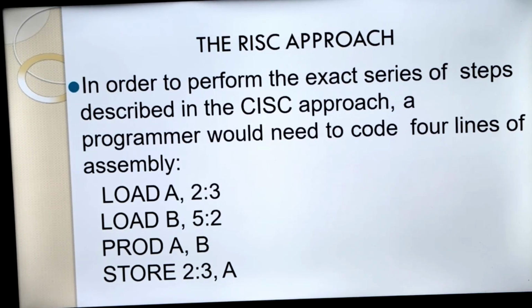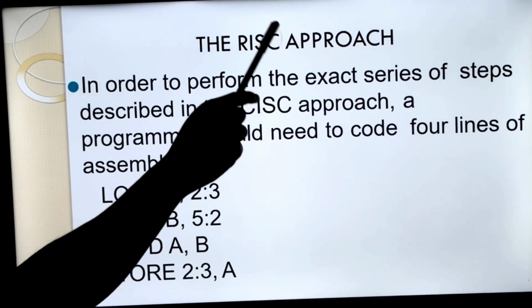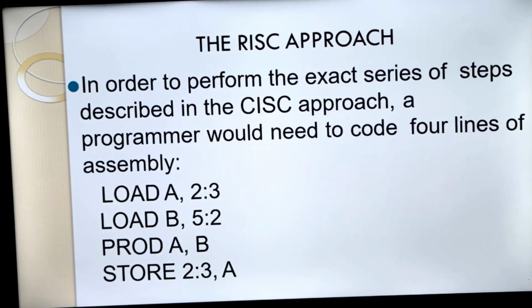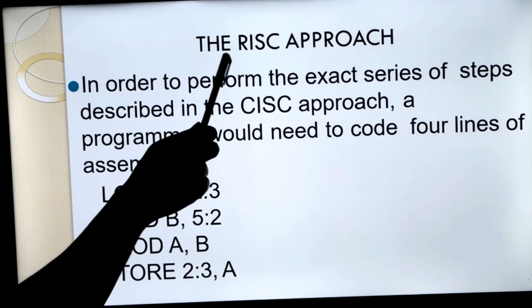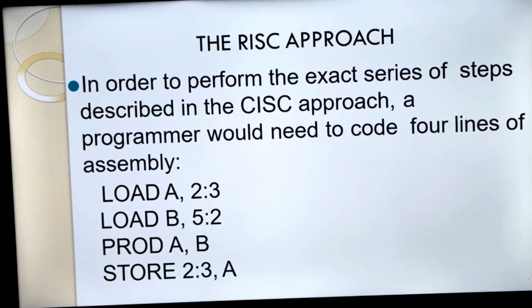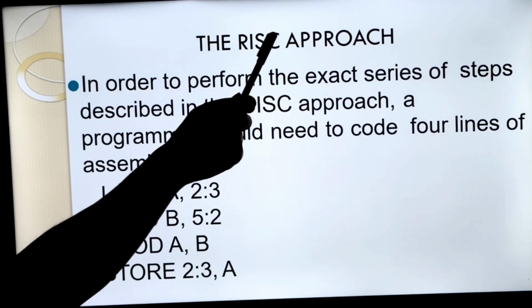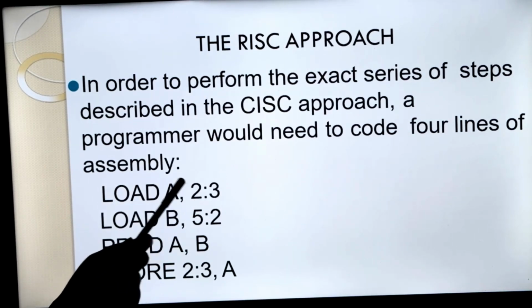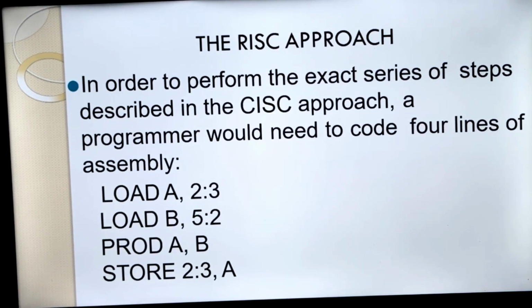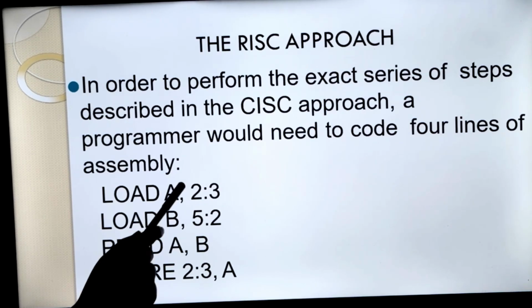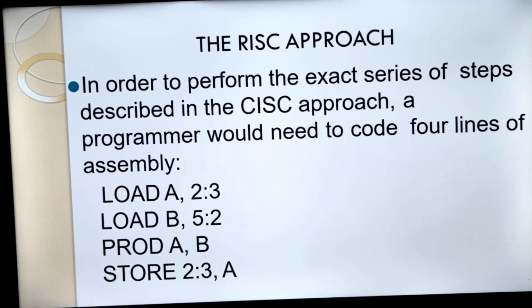No, this is just the opposite. In RISC I have more instructions than CISC. Just because reduced is there, don't think that I have fewer instructions. Reduced instruction set computer means I have fewer complex instructions. You understood that? So complex instructions I am reducing, not the overall number of instructions. The overall number of instructions I am increasing.